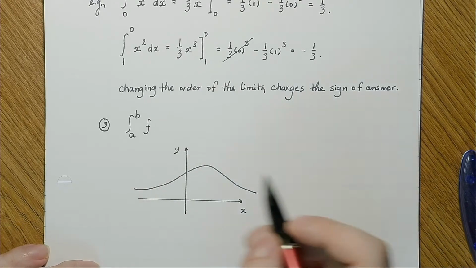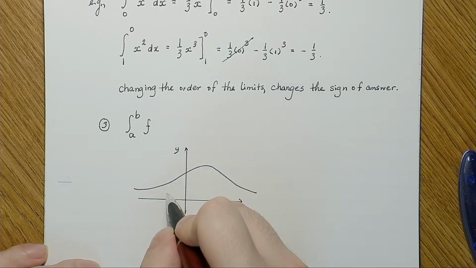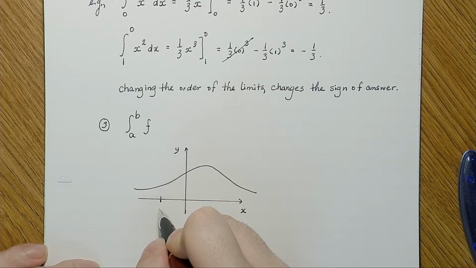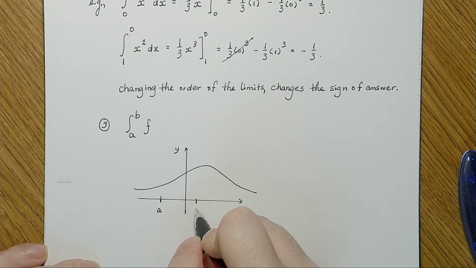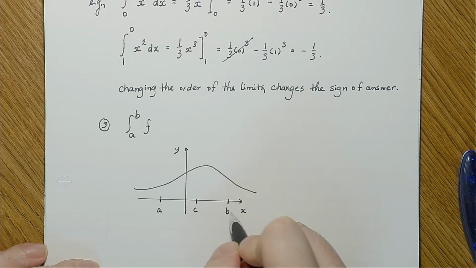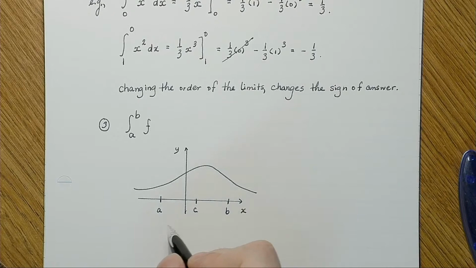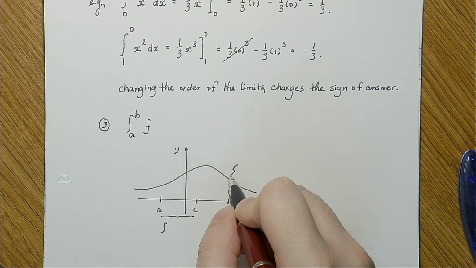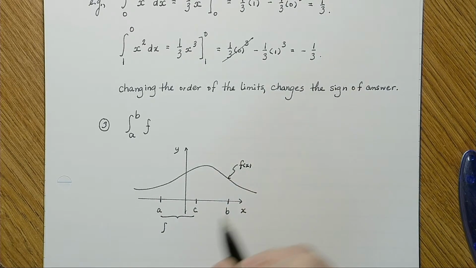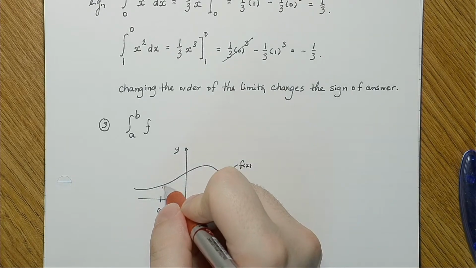Something like that. The idea behind this is that if I have A, C, and B, and the integral of f of x from A to C, that's this area right here.